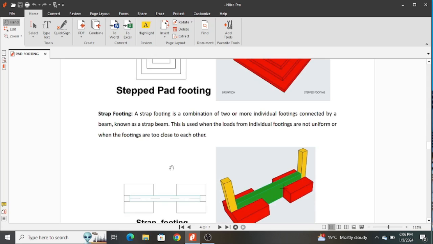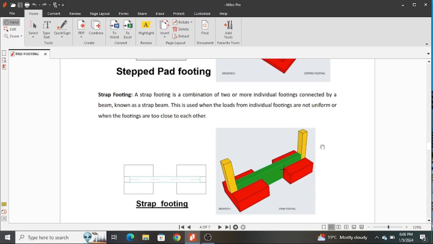Next, we have a strap footing. A strap footing is actually a combination of two or more footings. So I don't know whether these can be classified as a pad footing, but it combines two pad footings. These footings are normally connected by a beam. This beam is called a strap beam, hence the name of the footing as a strap footing. This is normally used when loads from individual footings are not uniform, or when these footings are too close to each other, so you connect them.